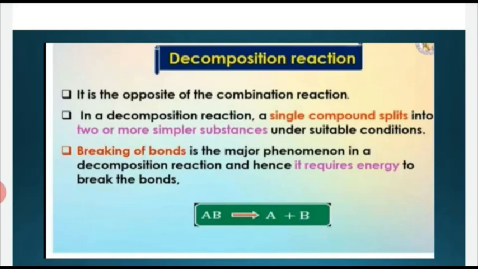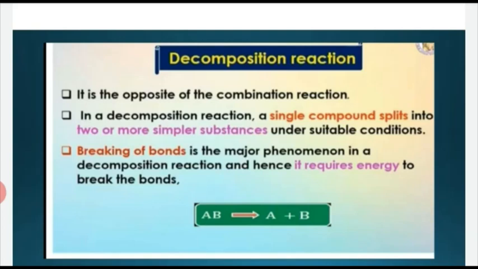The reaction in which two or more reactants combine. But the decomposition reaction is the opposite. So here in this equation we have to split a single compound into two or more compounds.